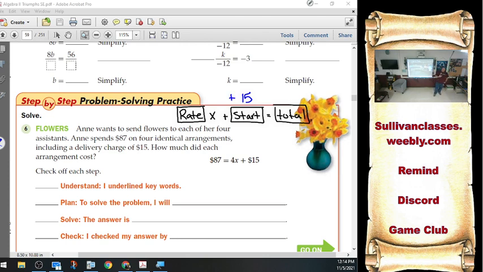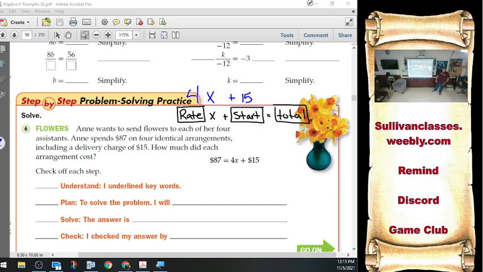Do I know a rate? Usually accompanied by the word per or each. It says I have 4 identical arrangements, 4 assistants. I have 4 of a thing. So there's 4 things.